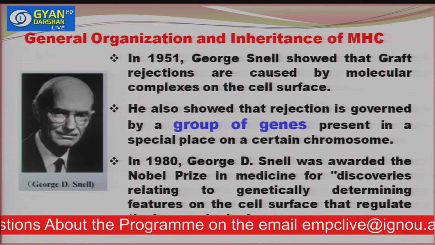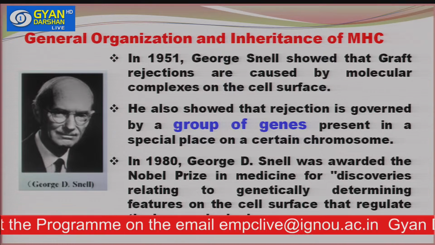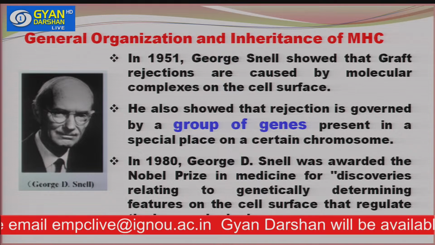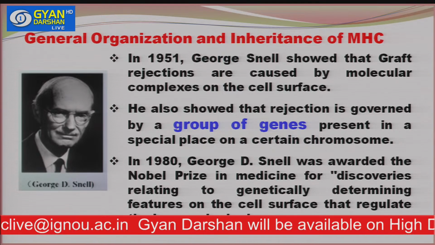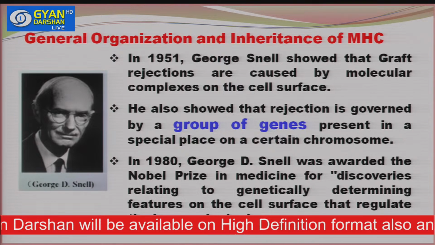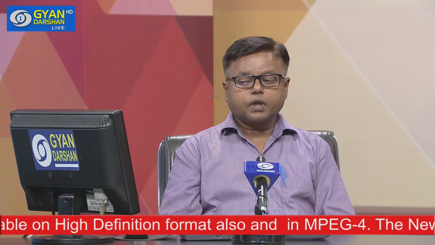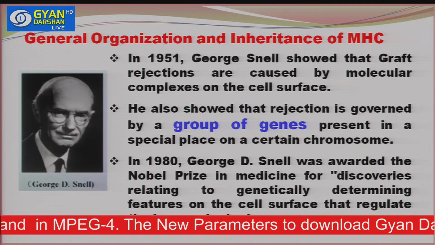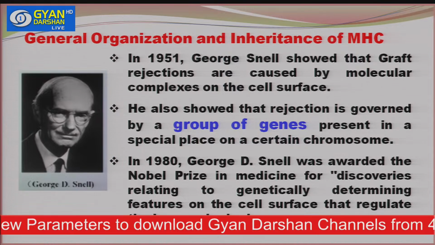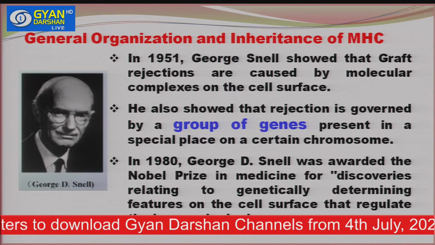He also showed that the rejection is governed by a group of genes present in a special place on certain chromosomes, chromosome number 6. They have a group of genes that govern it, and ultimately graft rejection takes place. And in 1980, George D. Snell was awarded the Nobel Prize in Medicine for discoveries related to genetically determined features on the cell surface.